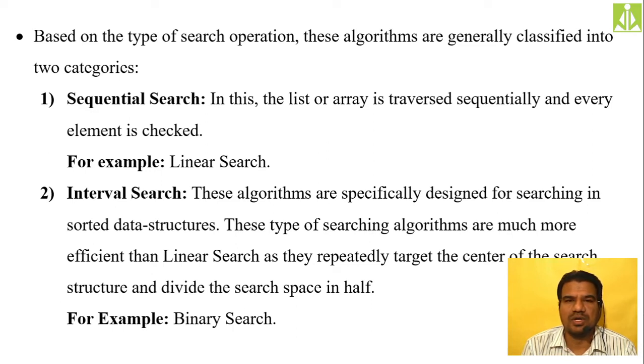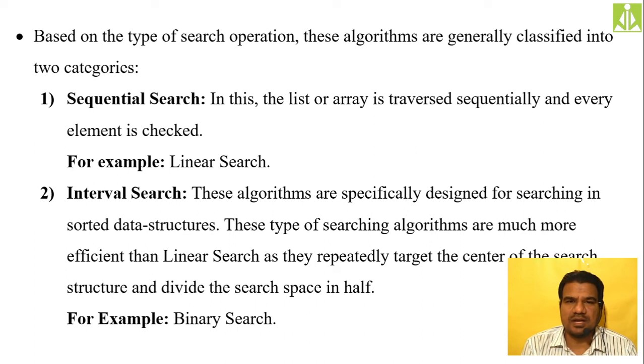Whatever mid index you are getting, simply try to find the key at that mid index location. If the key is found at the mid index location, simply we say that the key is found inside the list. If the key is not found, we compare the key value with the mid value, whether it is lesser or greater.